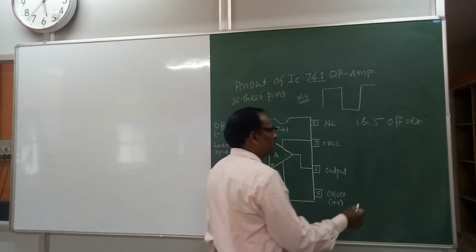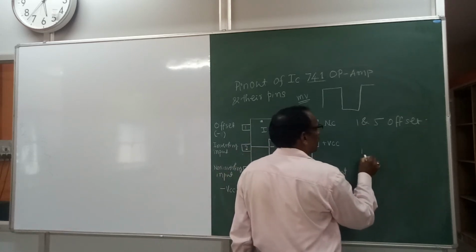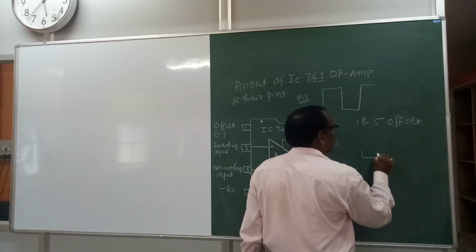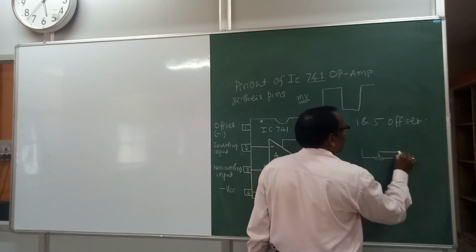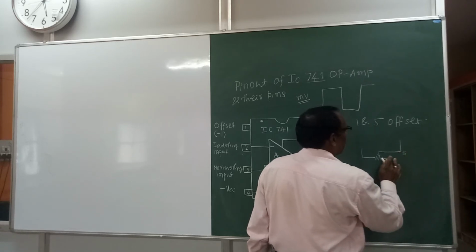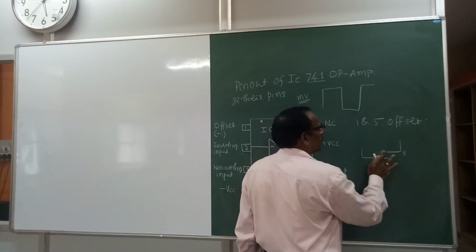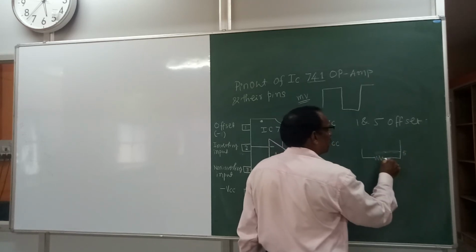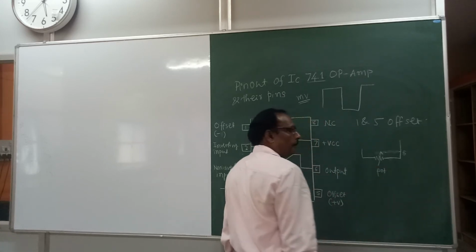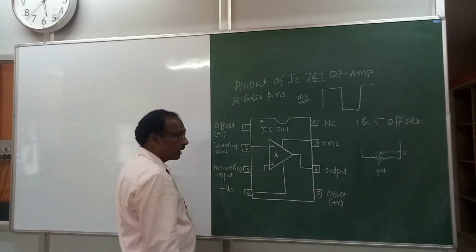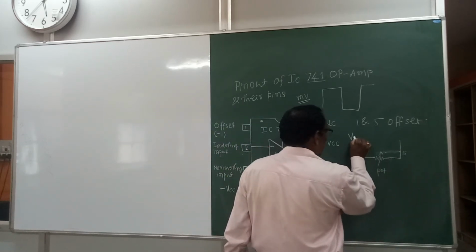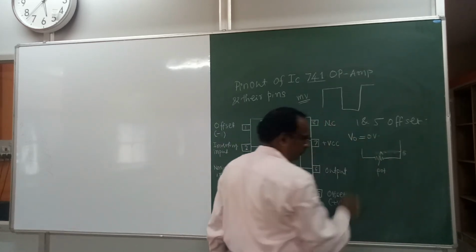Pin number 1 is connected to a potentiometer, and pin number 5 is connected here, and the variable end goes to pin 4. So adjust this pot for offset, where the output VO is equal to 0 volts.